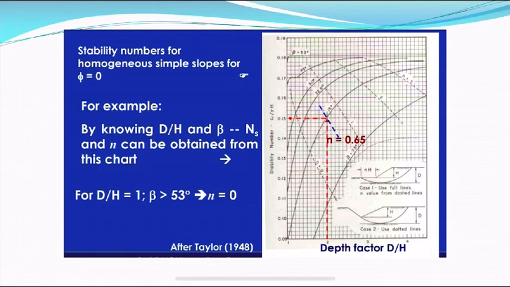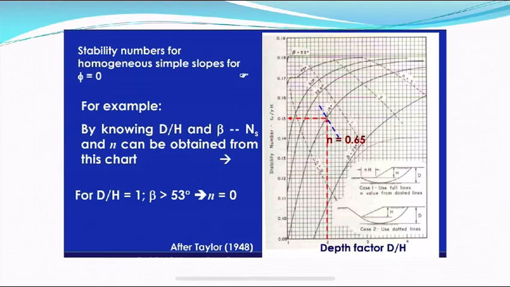So these are the stability numbers for homogeneous slopes for phi equal to 0. For example, by knowing d by h, that is the depth factor, and beta, the Ns and n can be obtained from this chart. Here n is obtained where the curve cuts, and then by taking the horizontal projection onto the stability number axis, we get the stability number Ns.